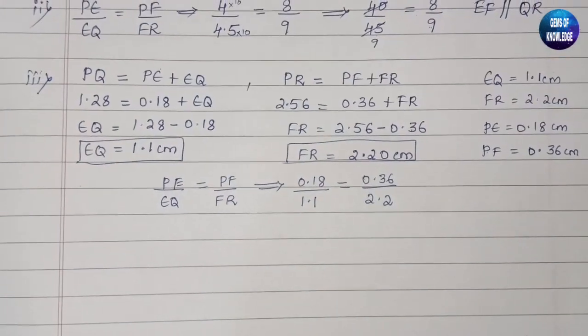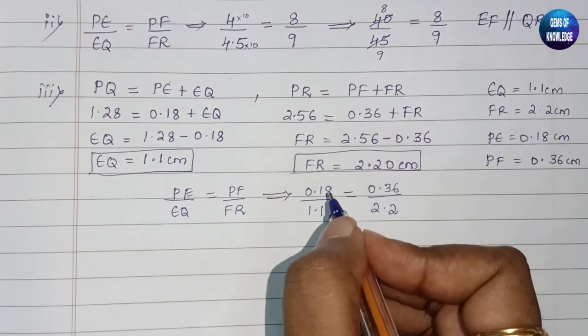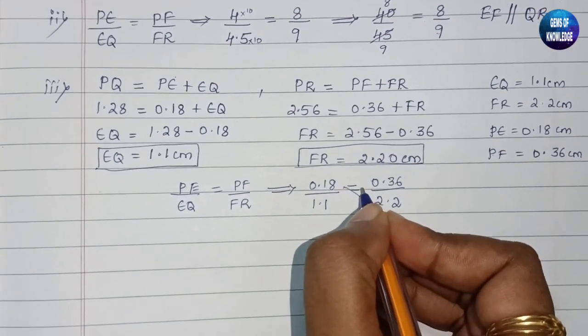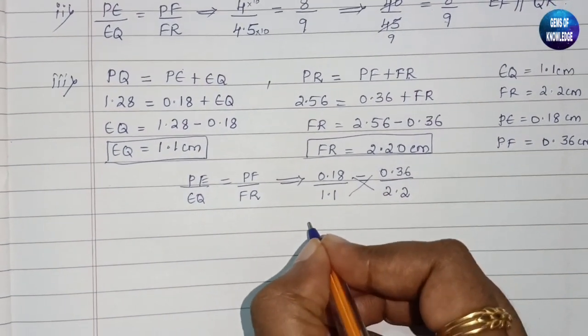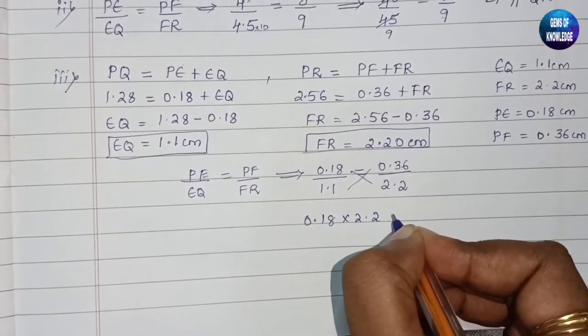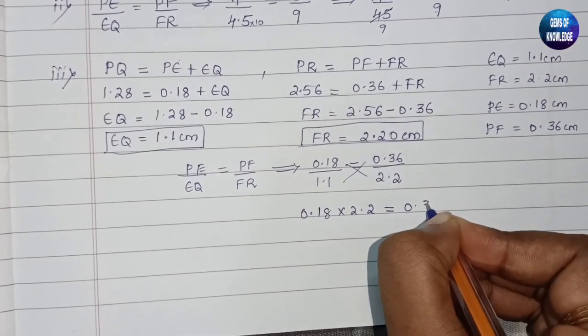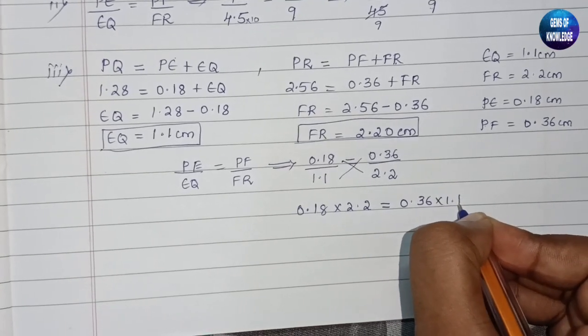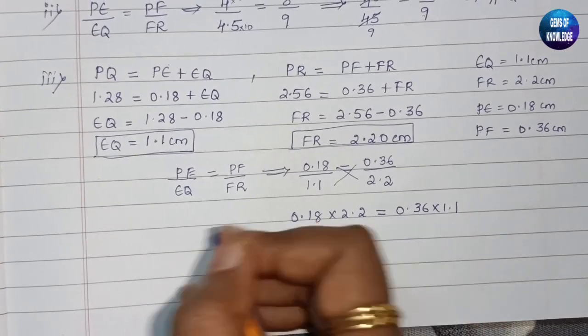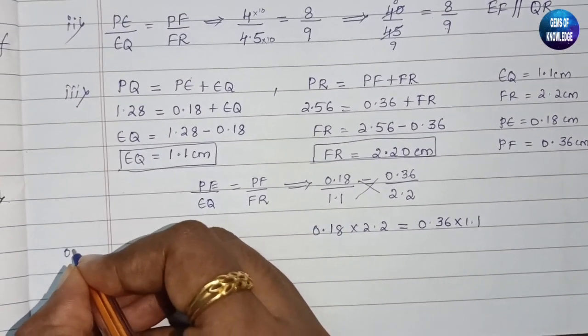Let us try one more method here. Instead of multiplying with 10 or 100, we will simply cross multiply. So we get 0.18 into 2.2, which must be equal to 0.36 into 1.1. Whatever answers we get, both sides must be equal. So let us solve each side.